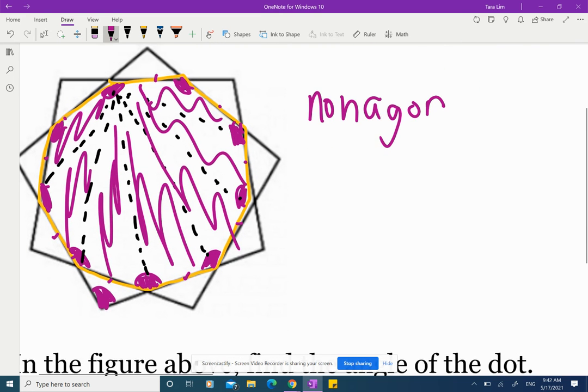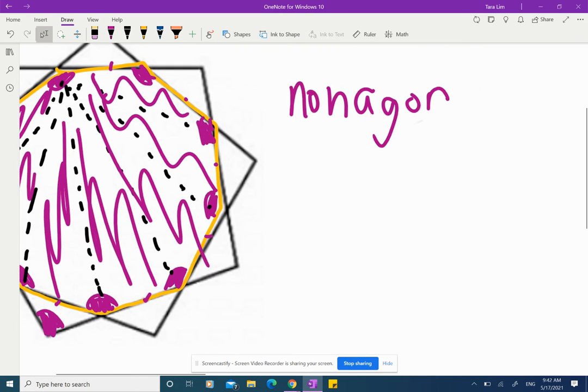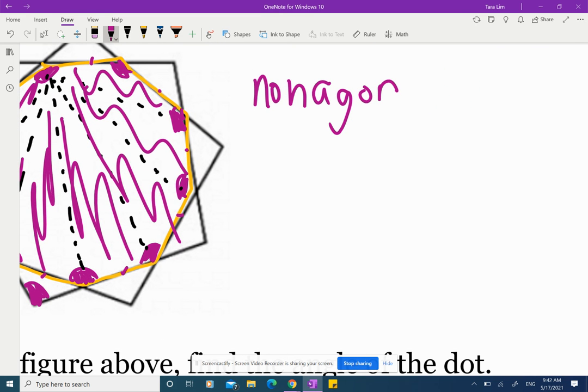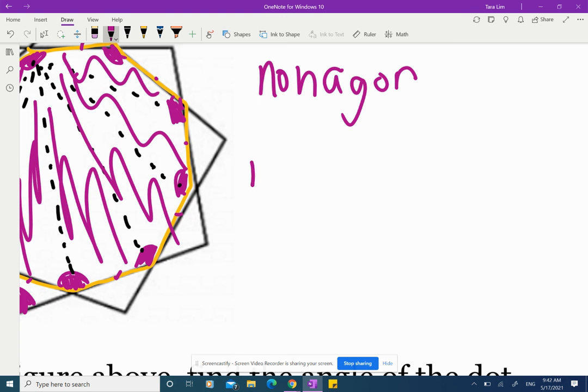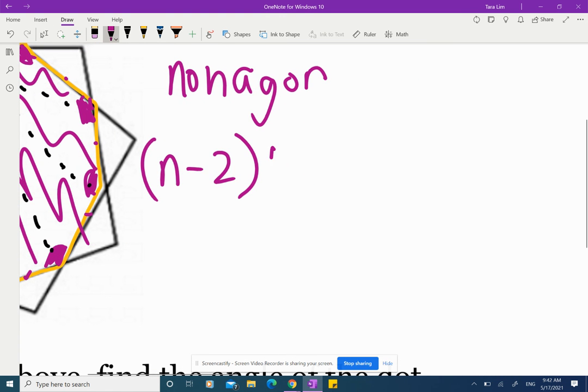So in a test, if you want to do it faster, there is a faster way. So the formula to calculate one angle of a regular polygon, first of all, we know that there are 9 sides. So 9 minus 2, we always have to do the number. So let me just write the formula first. So number of sides minus 2 times 180 divided by number of sides.